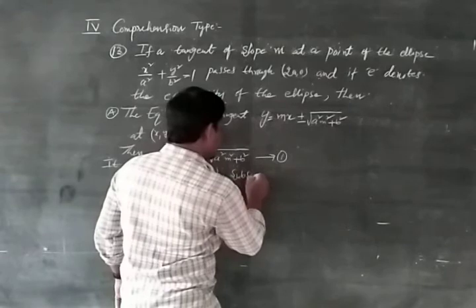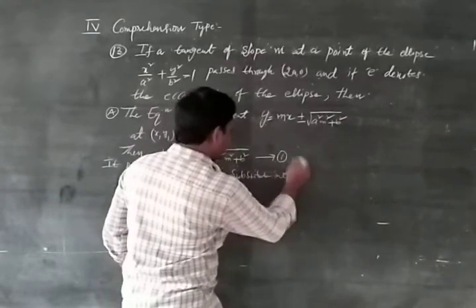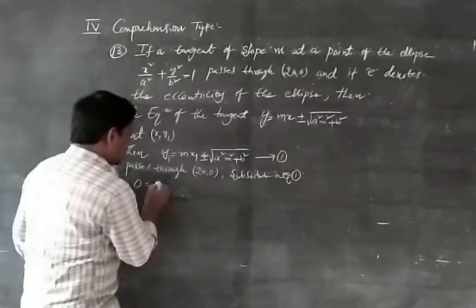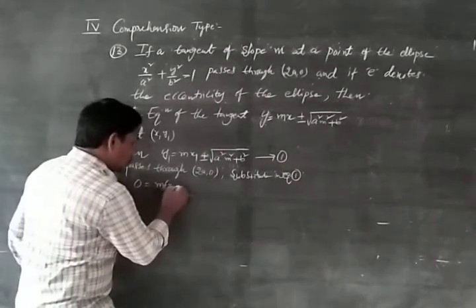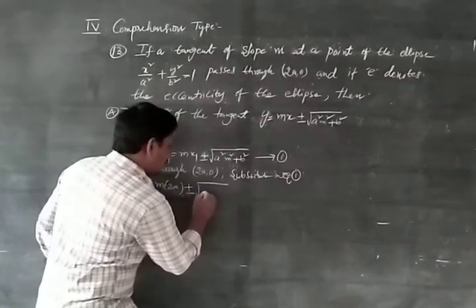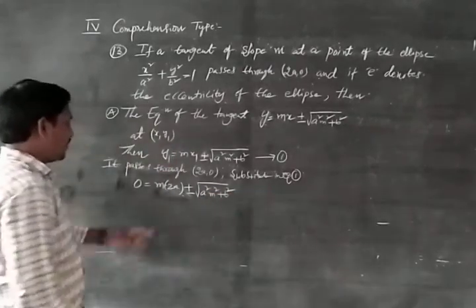Substitute in equation 1. 0 equal to m into 2a plus or minus root of a square m square plus b square.